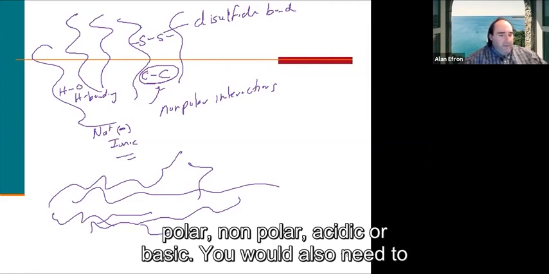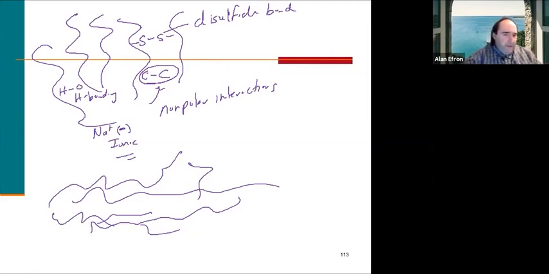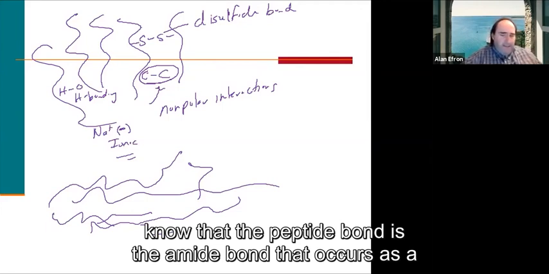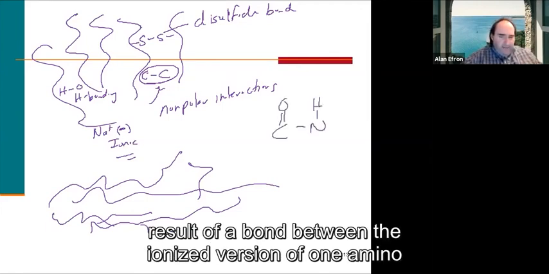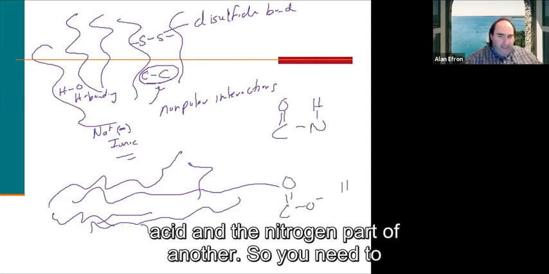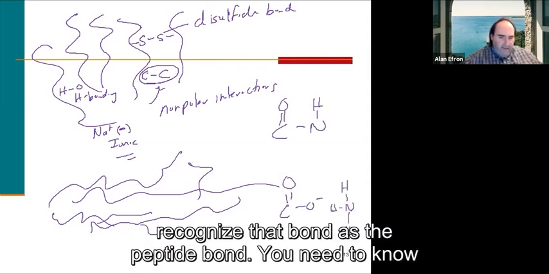You would also need to know that the peptide bond is the amide bond that occurs as a result of a bond between the ionized carboxyl version of one amino acid and the nitrogen part of another. So you need to recognize that bond as the peptide bond.